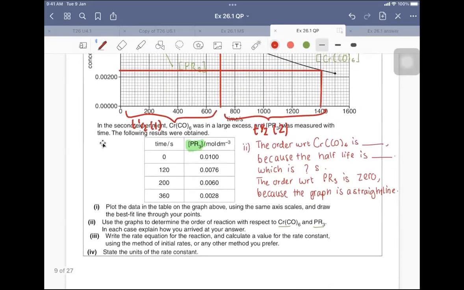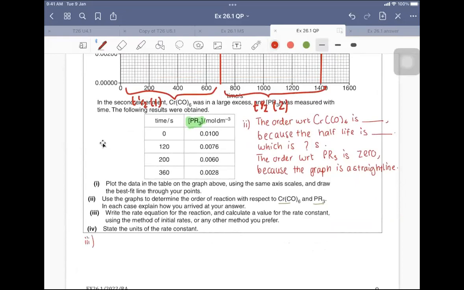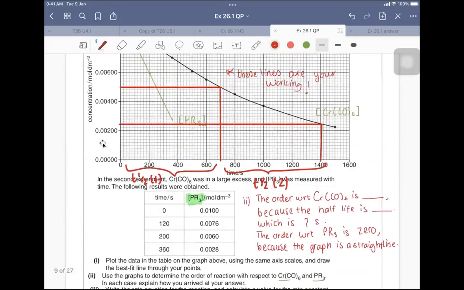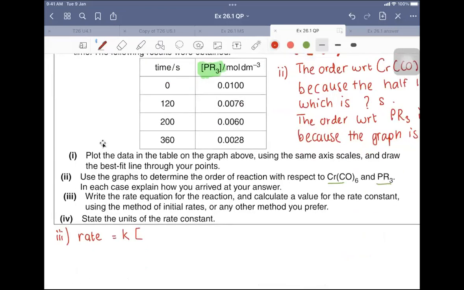Okay, next, question 3. Write the rate equation for the reaction and calculate a value for the rate constant. So, rate equation is equals to K times, since PR3 is 0 order, we know that PR3 will not show in the equation.